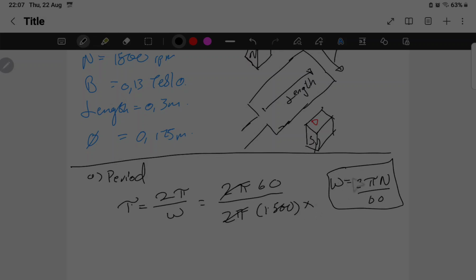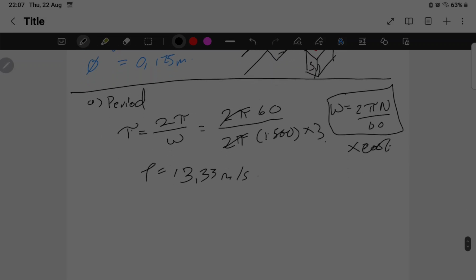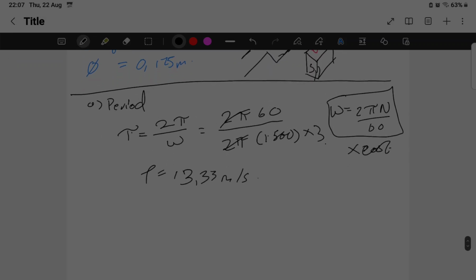So remember that you should multiply this by the coils. So multiply by 3, and our period here would be 13,33 meters per second. Okay, sorry, not meters per second, period is in seconds.